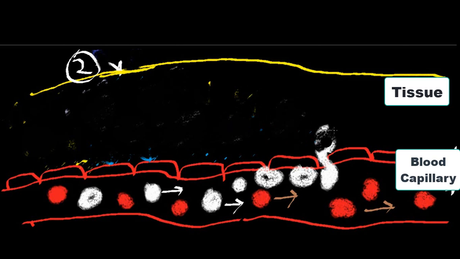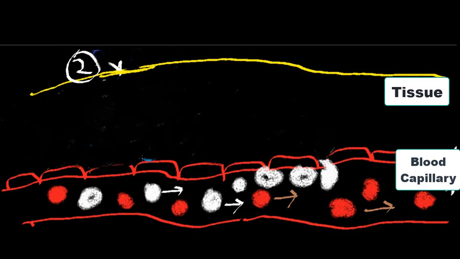So that's how this inflammatory process will repair the damaged tissue and also remove any infection which was there because of that injury. The injury may be because of the physical agents, maybe because of the chemical agents, or maybe because of some infectious agents. It can be because of tissue necrosis. It can be because of immunological reaction. So now you can see the tissue is also repaired and all the cells are removed.